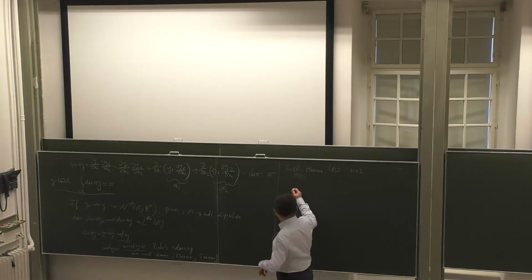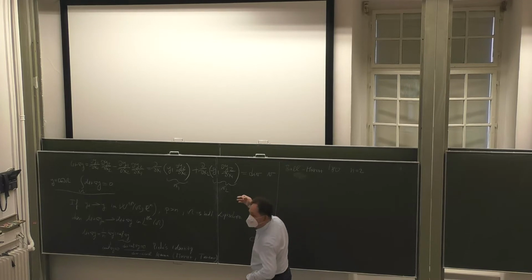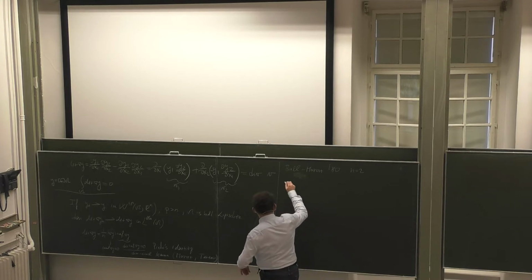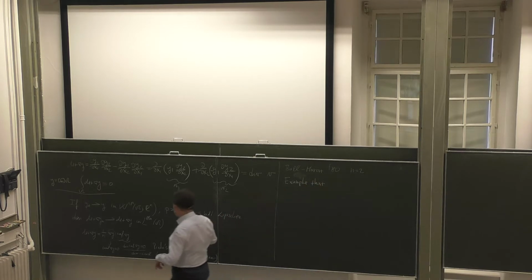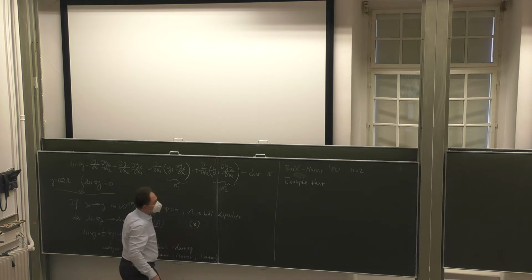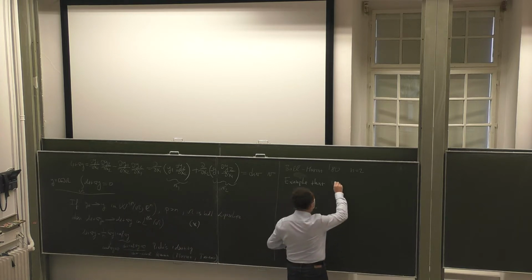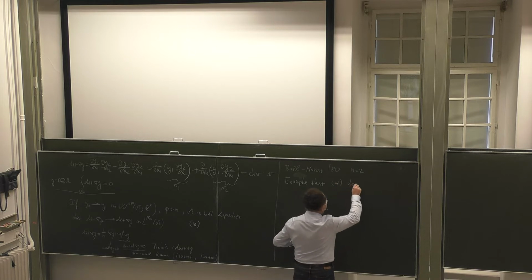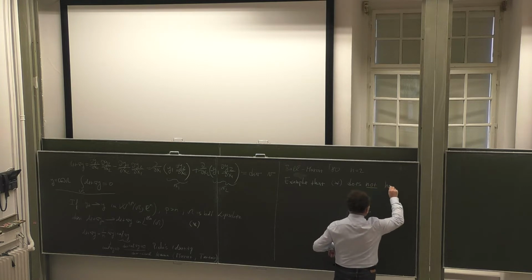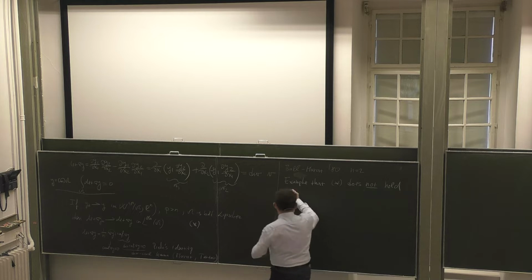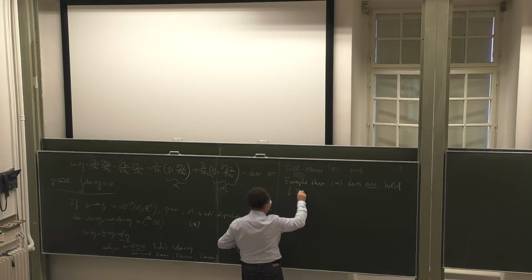But I will show you a new one which we developed with my colleagues in Prague, and it works in any dimension, and it's much simpler. So let's make an example, showing that the statement, let me call it star here, doesn't hold if p equal n.